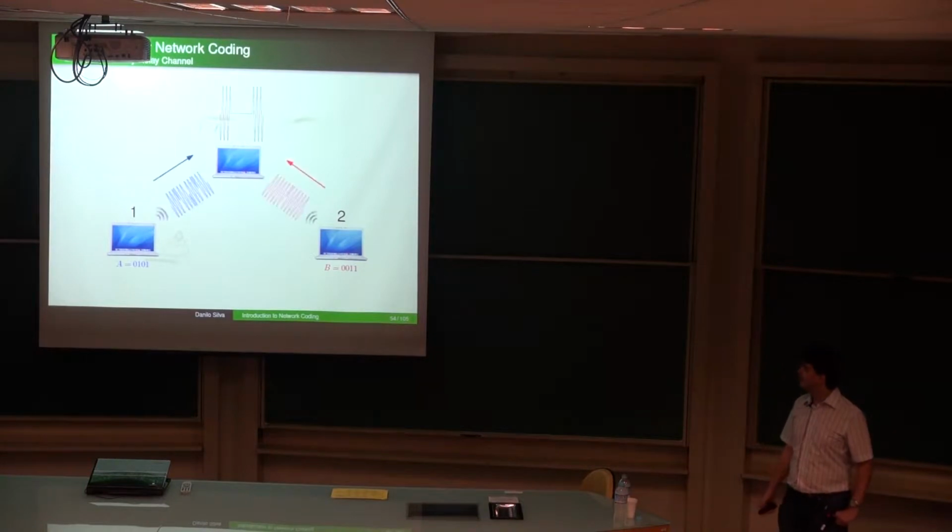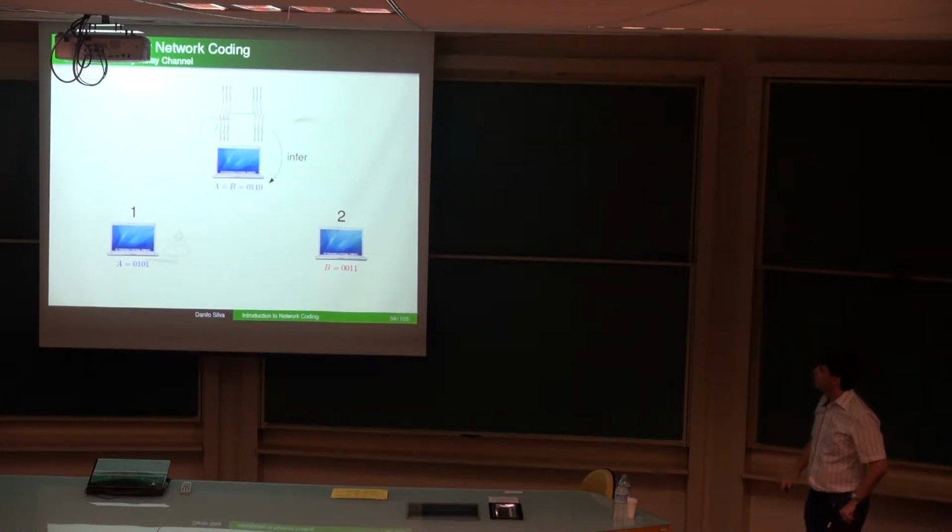The two nodes send their information, their signals, at the same time. The signals will interfere at the relay. I'm just making this illustration here. The relay is receiving somehow the sum of the signals, right?